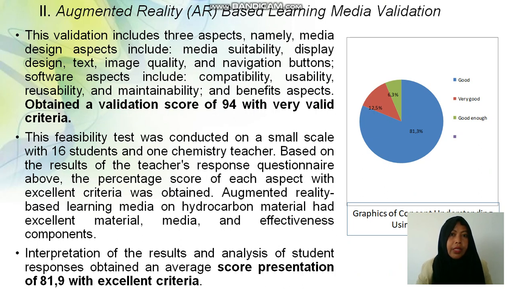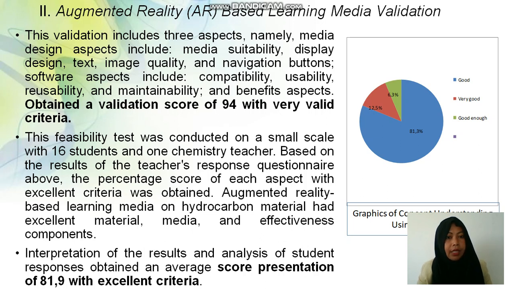Number two, augmented reality-based learning media validation. This validation includes three aspects: media design, and then software aspects, and then benefit aspects. It obtained a validation score of 94 with very valid criteria.